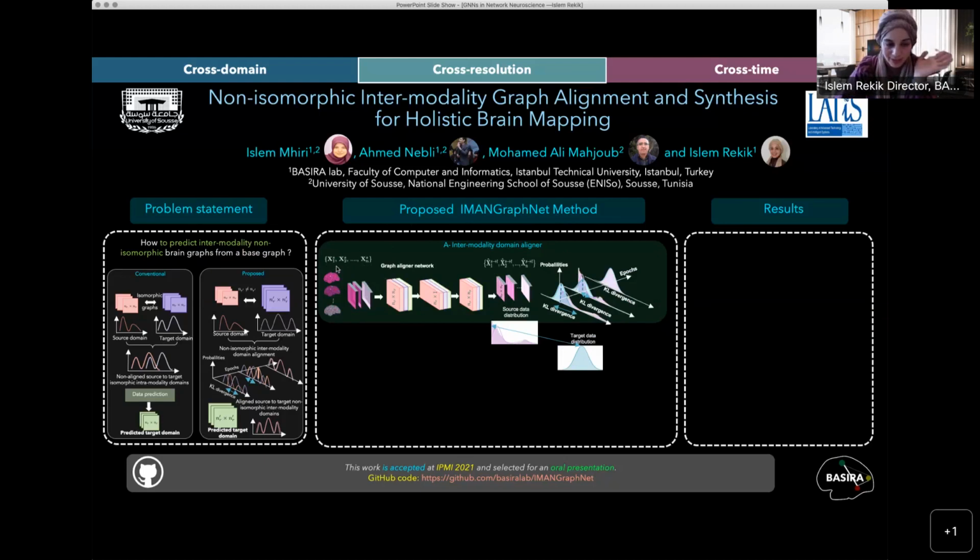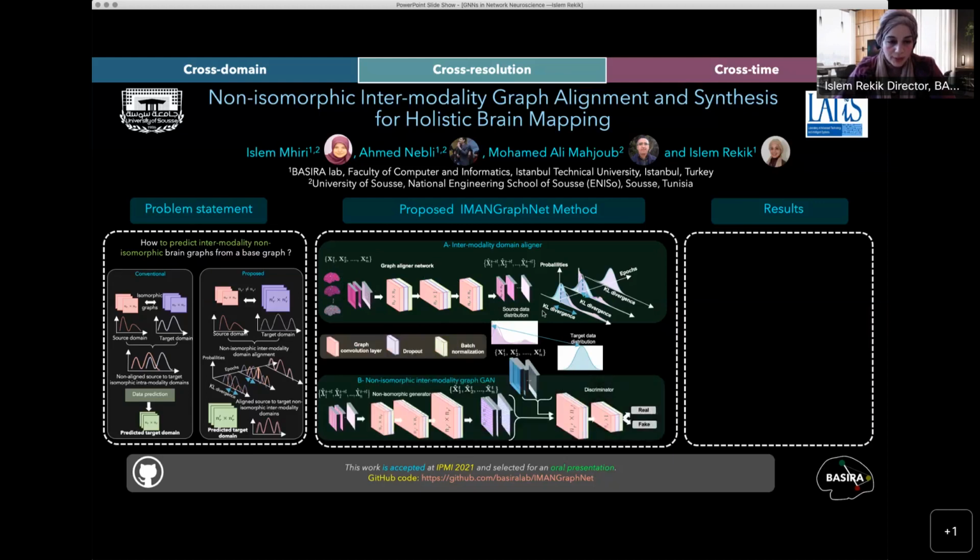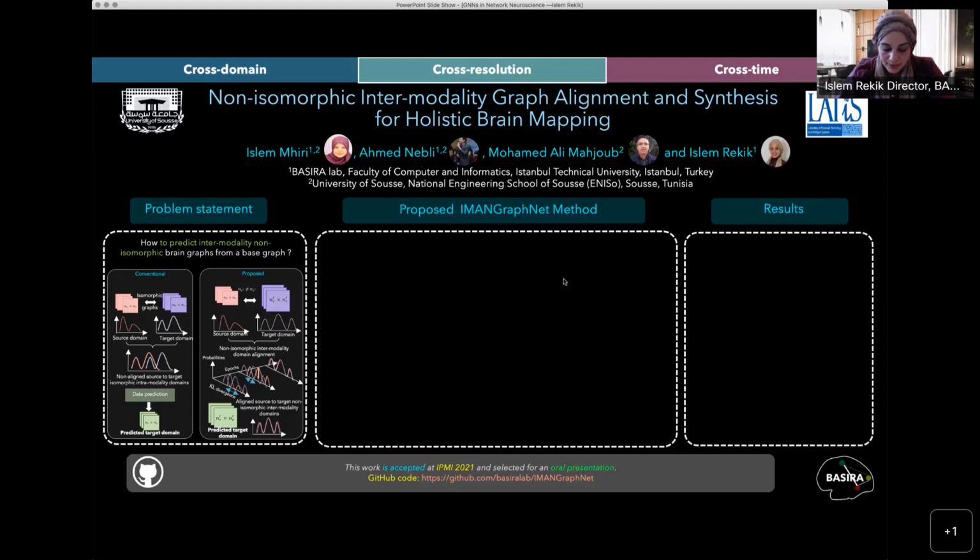So we have X training graphs or brain connectomes for the source domain. S is the source domain. We define what we call a graph aligner network, which is composed of different layers: graph convolution, dropout, and batch normalization.